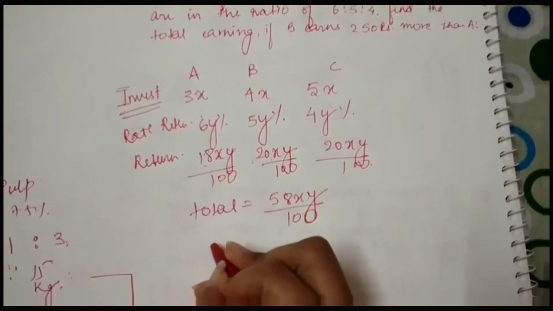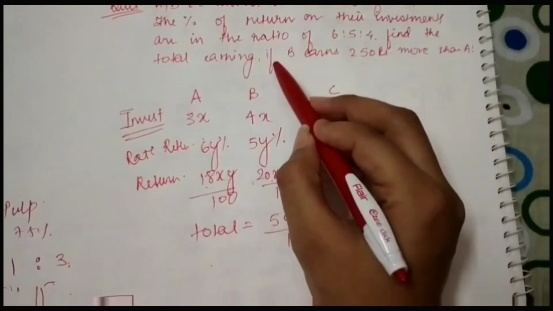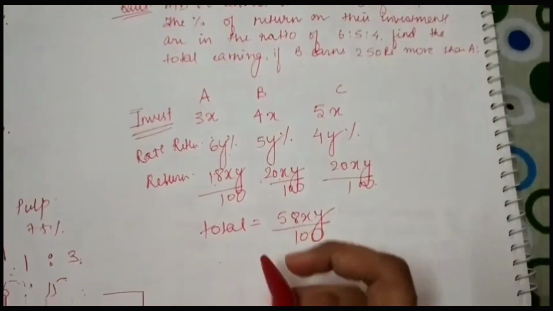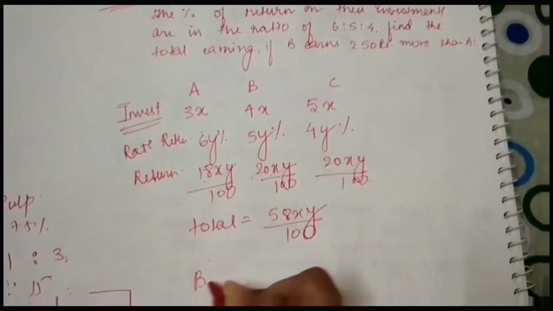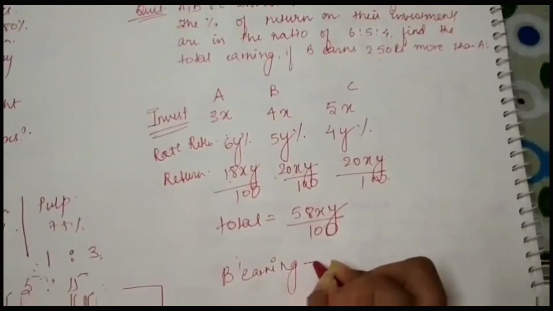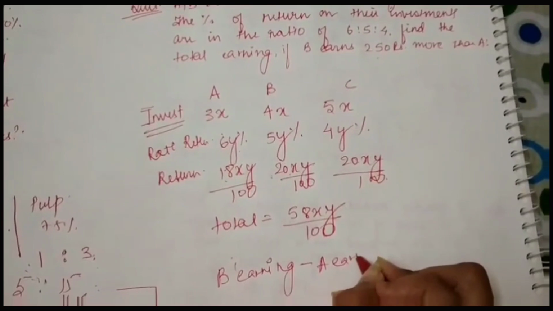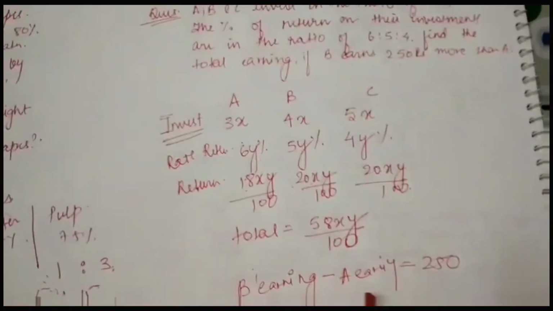Now we will write about the earnings. The total earnings if B earns 250 more than A, that is 250. So we will write B's earning minus A's earning is equal to 250. Okay.